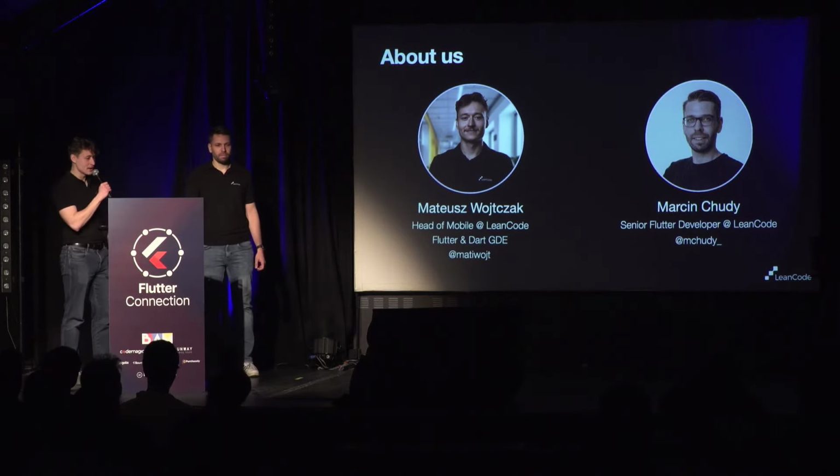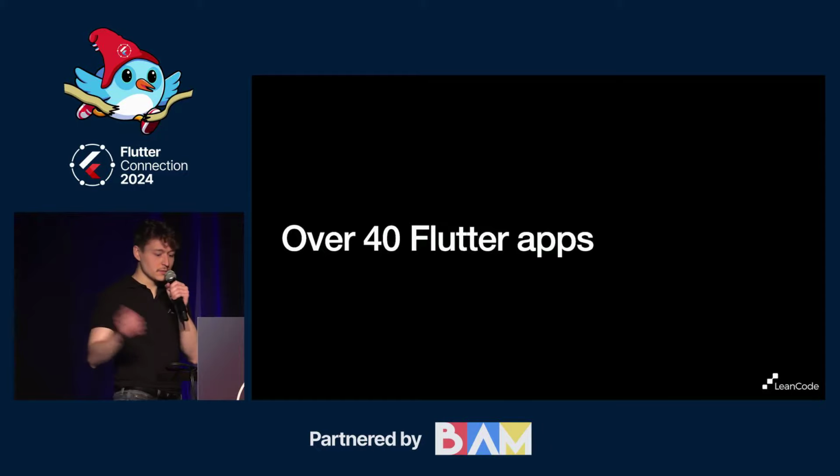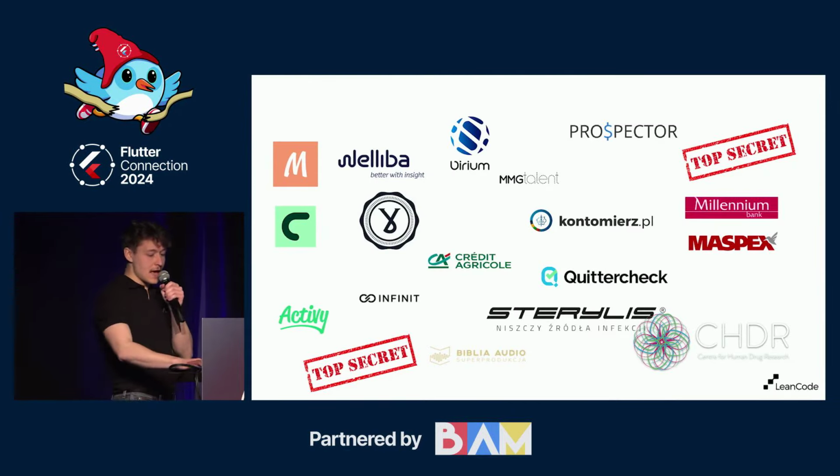So let's start. At LeanCode, over the last 2 years, we've developed over 40 Flutter apps, and from that experience, we thought, okay, we can think about what apps we actually build. So we prepared a couple of logos of our clients, and we thought, okay, let's categorize them.